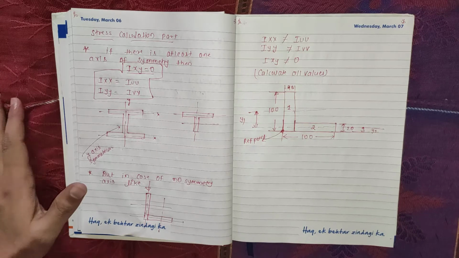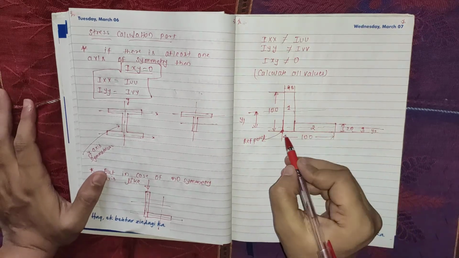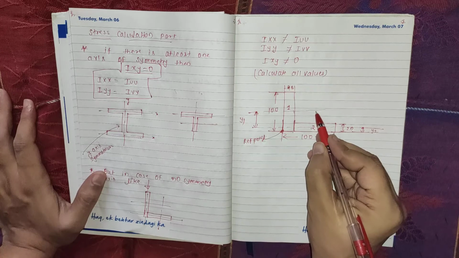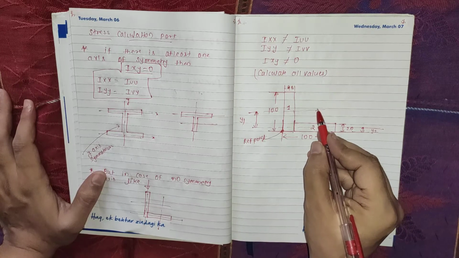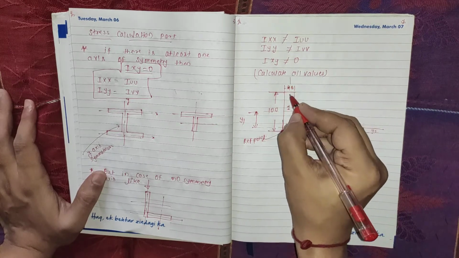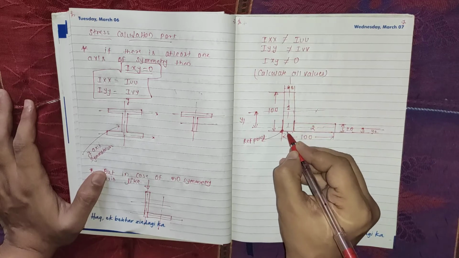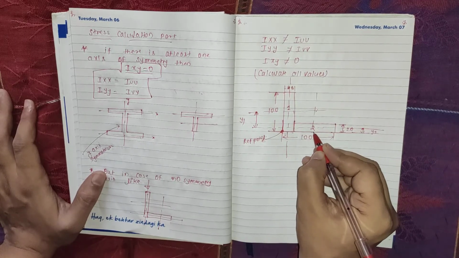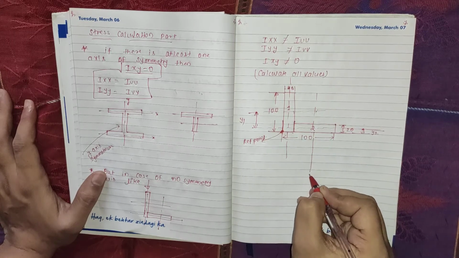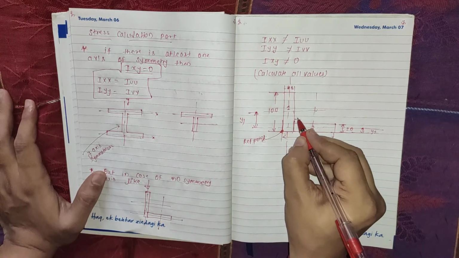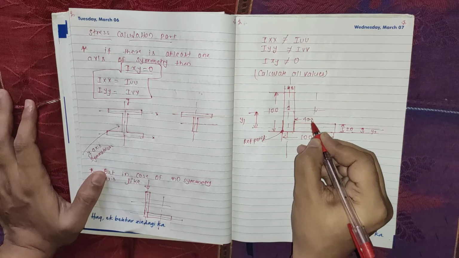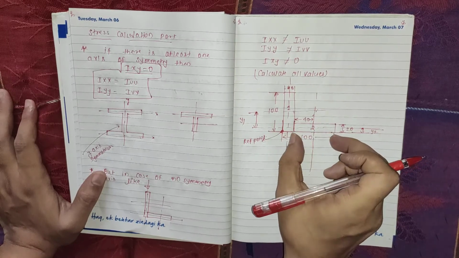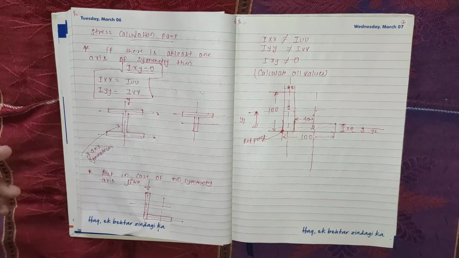So this is 20, and this is the y-axis of part 1 and this is the y-axis of part 2. This becomes 40. This is 80, 40, 40.